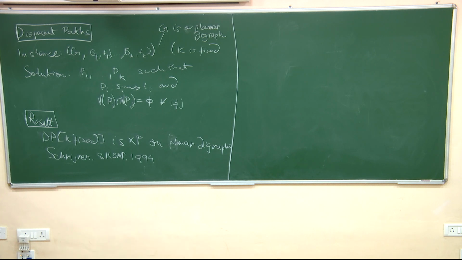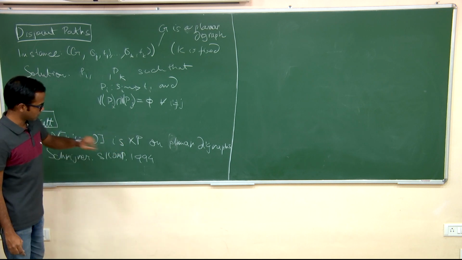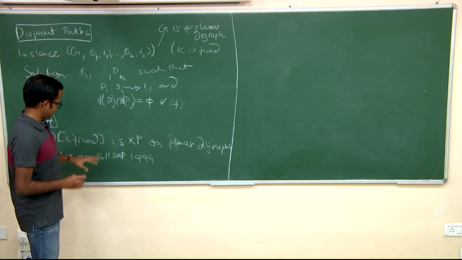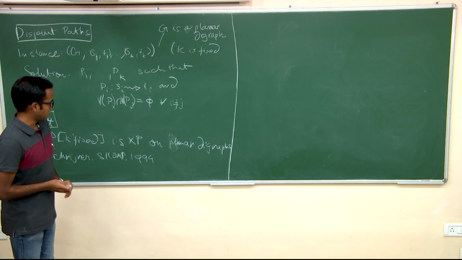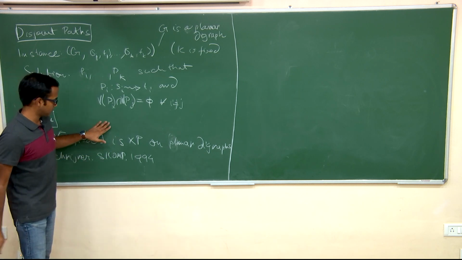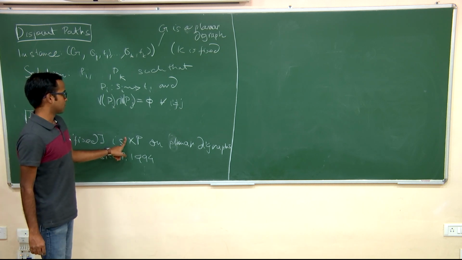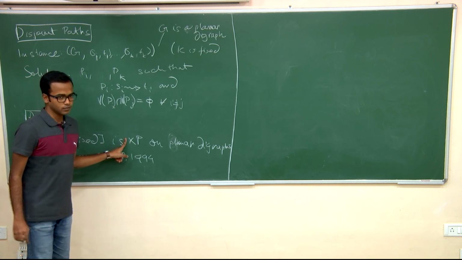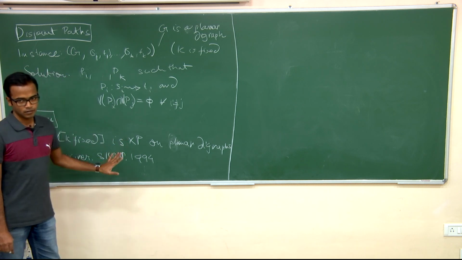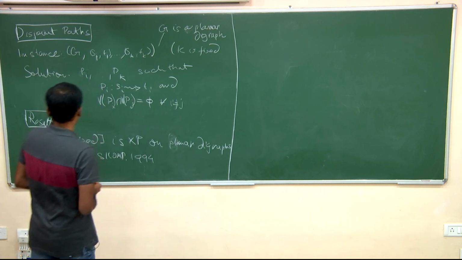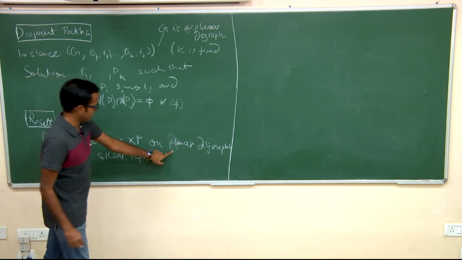After that there were many improvements in this direction, but around 2014 there was another result which showed that this is actually FPT. So we know that it is FPT on planar digraphs.